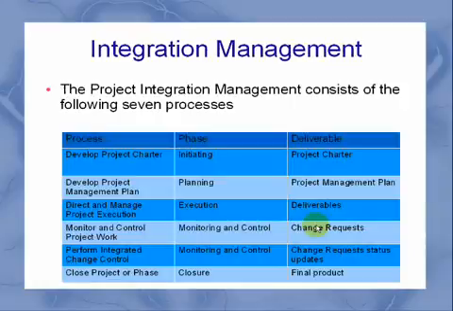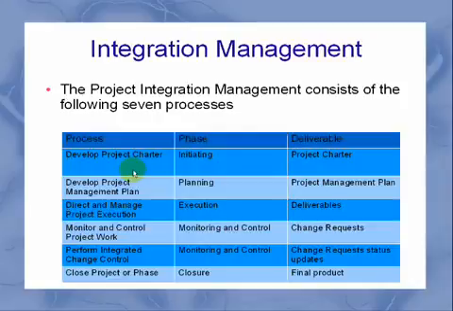Integration management consists of 7 processes. Those processes are grouped according to the different phases in the project life cycle. And I will also show you a chart here which mentions the key deliverable for each process.